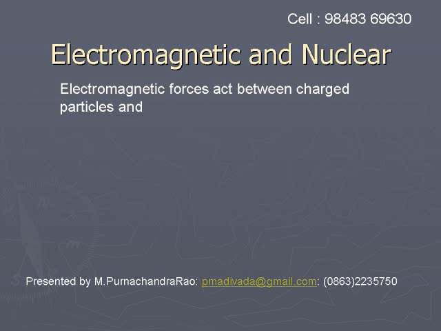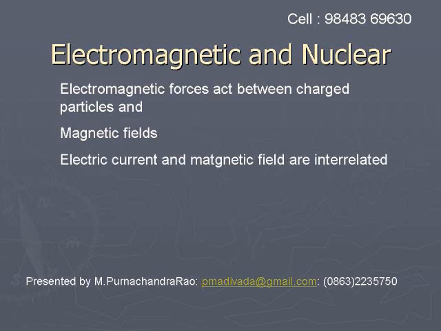Electromagnetic and nuclear forces. Electromagnetic forces act between charged particles and between magnetic fields, because electric current and magnetic field are interrelated. So the forces present between charges as well as magnetic fields come under electromagnetic forces.